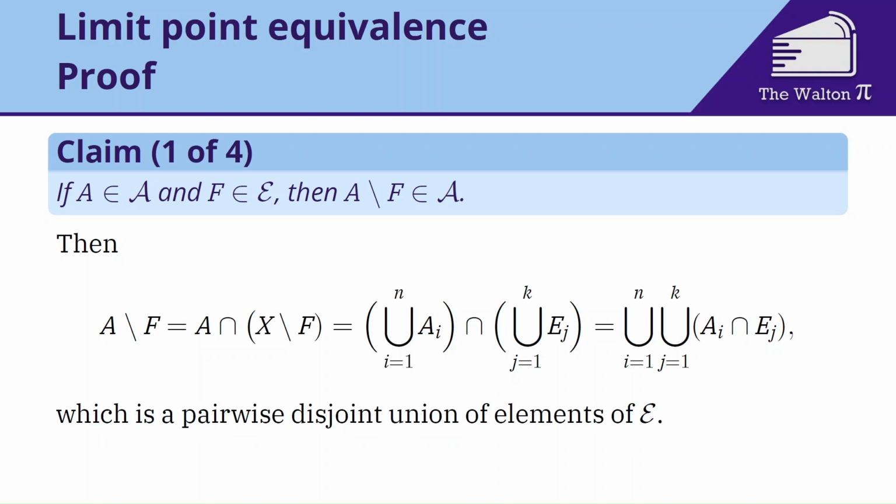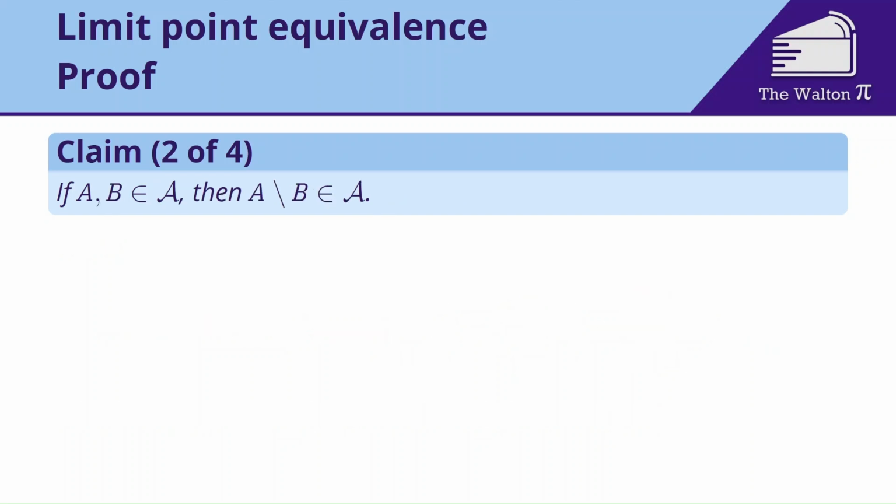Each of those is an element of our elementary family, which tells us that we have constructed A minus F as a pairwise disjoint union of elements of E. Therefore, if A is in our potential algebra and F is in our elementary family, A minus F is an element of A.